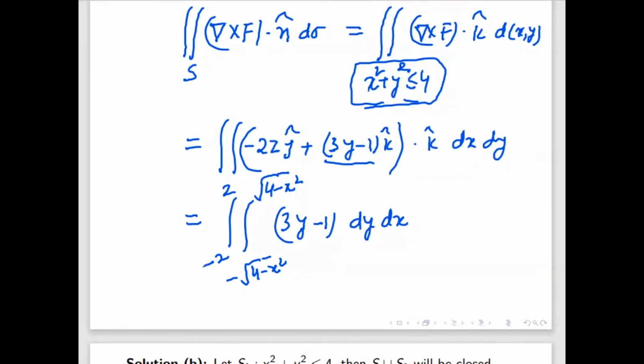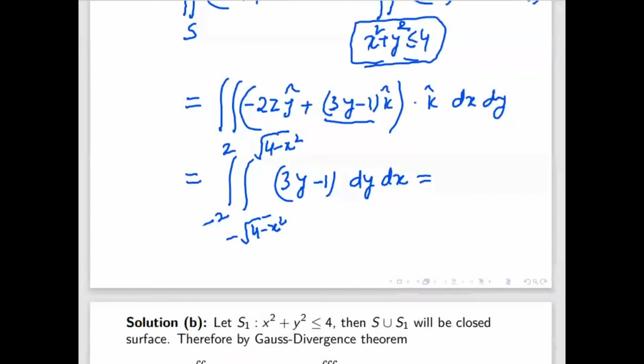Or you can convert this into the polar form, and then also you can do it. If you do it in the polar form, it is easy. The same problem you can do in the polar form also. So if you convert into the polar form, x equal to r cos theta, y equal to r sin theta.